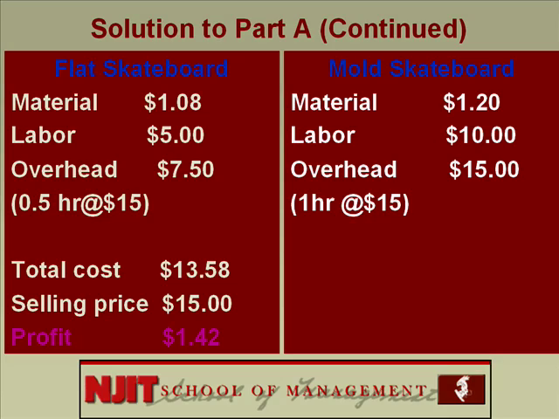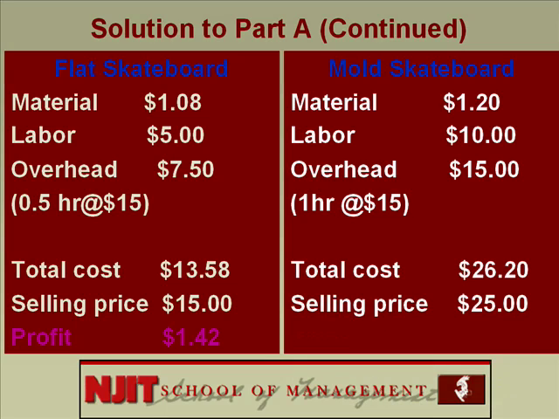It takes 1 hour to make a skateboard, and we're charging $15 per hour. So the total cost is $26.20. The selling price, $25. It gives a loss of $1.20.